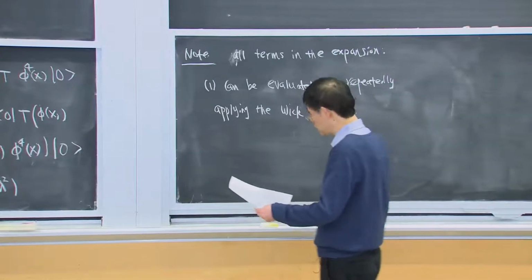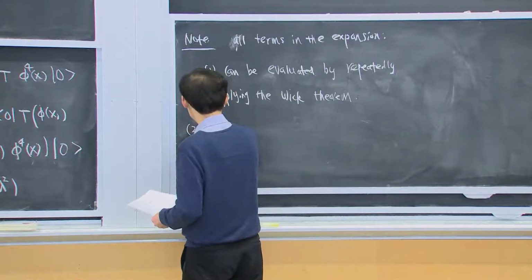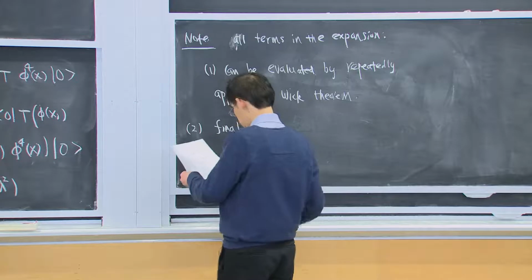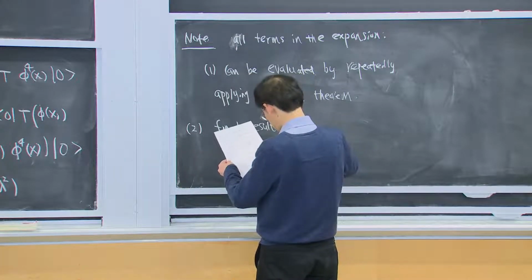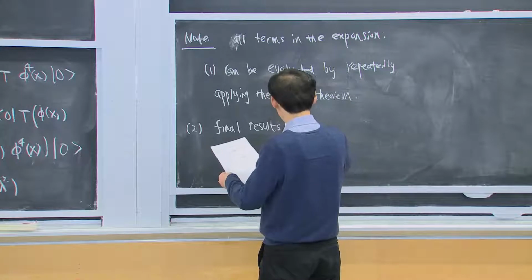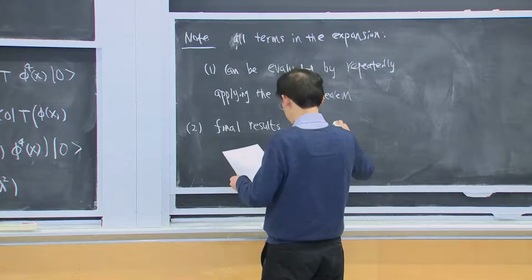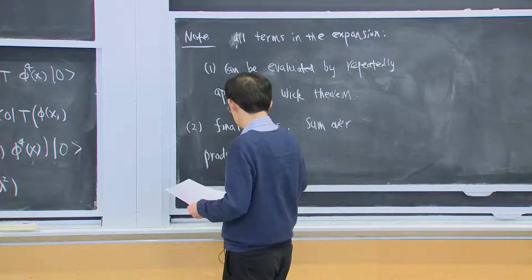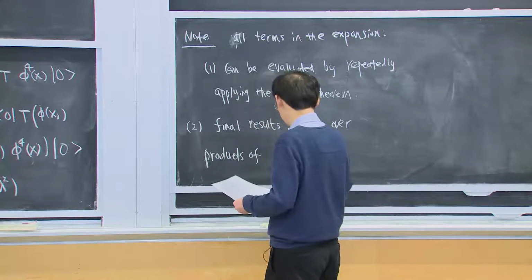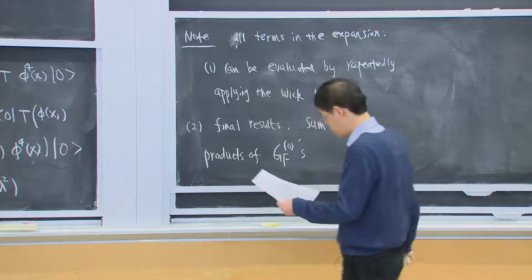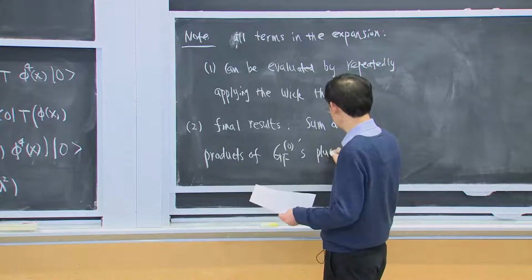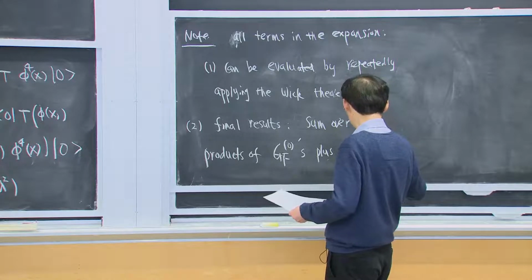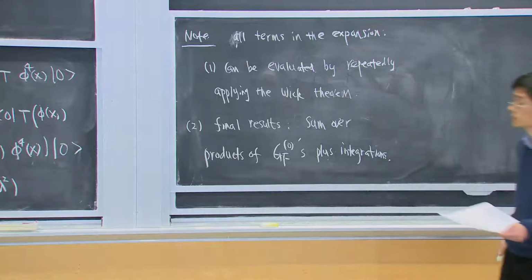So the final result always has the form of a sum over products of GF0's, plus some integrations.